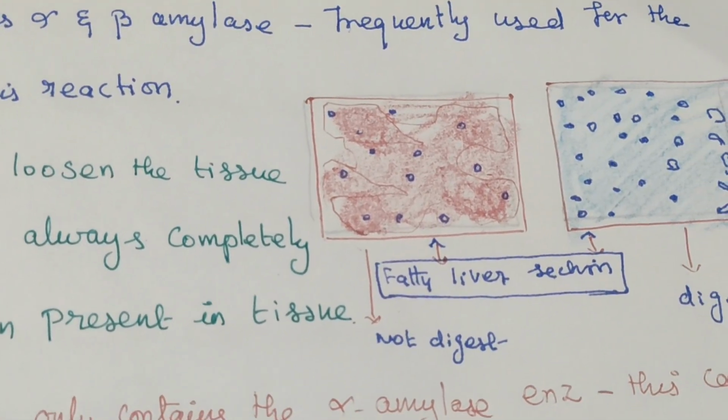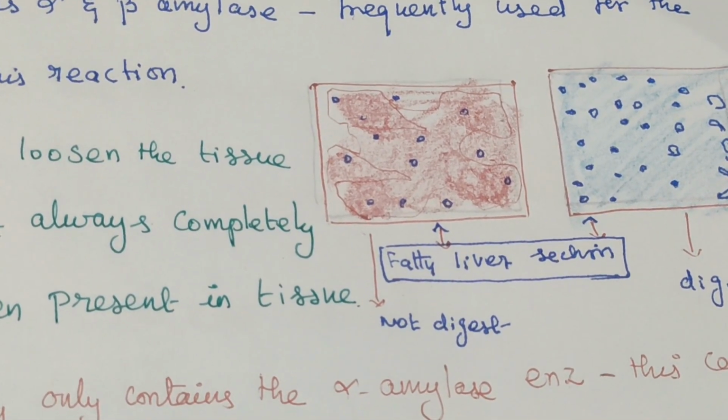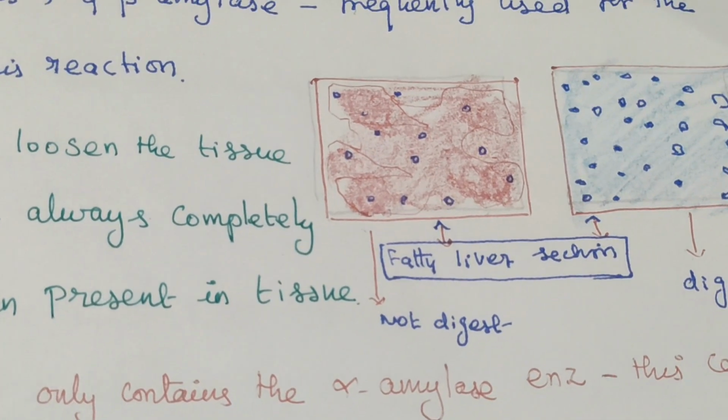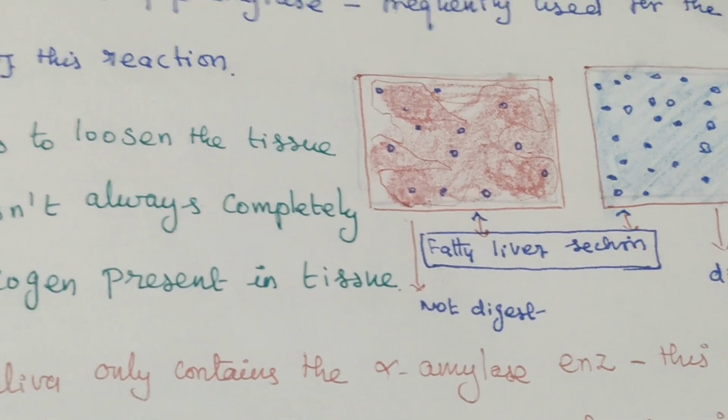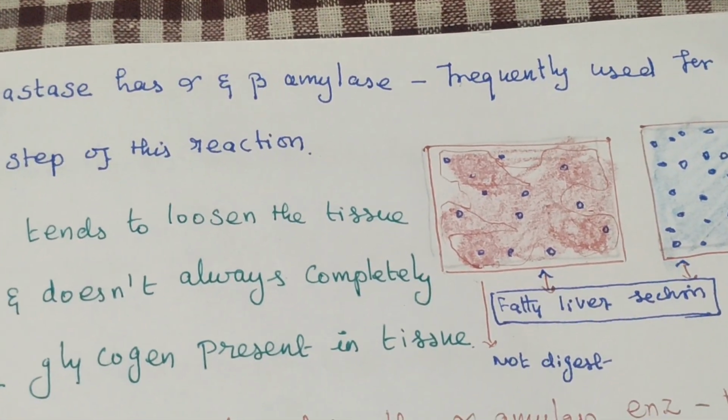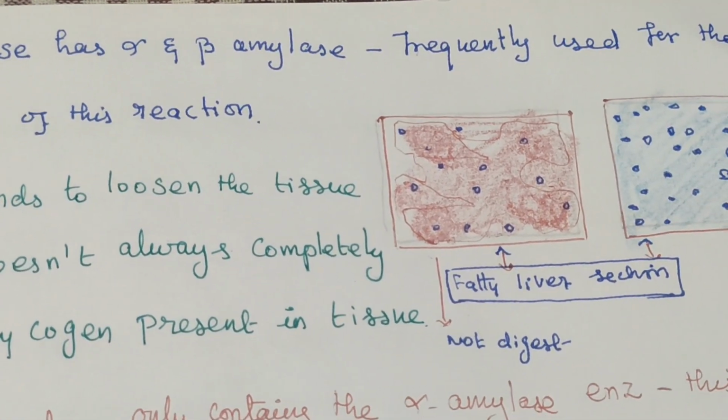The first diagram on the left is a fatty liver section stained using the PAS reaction with hematoxylin, not digested.